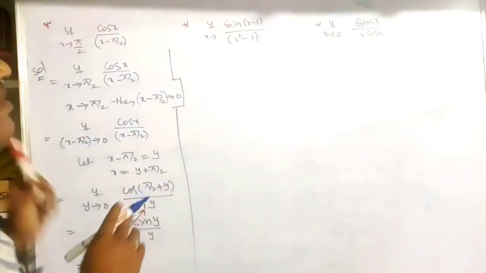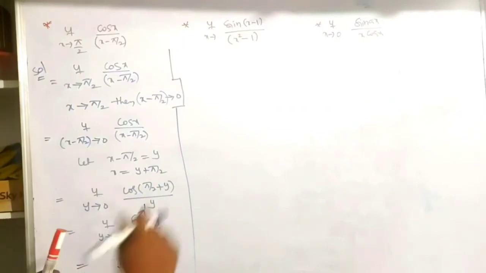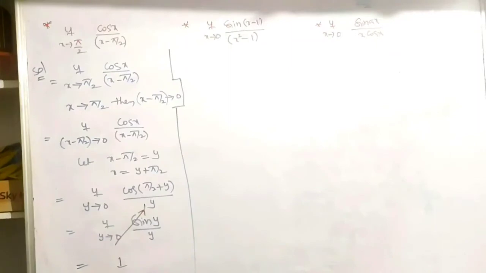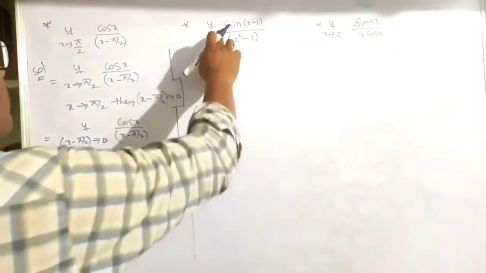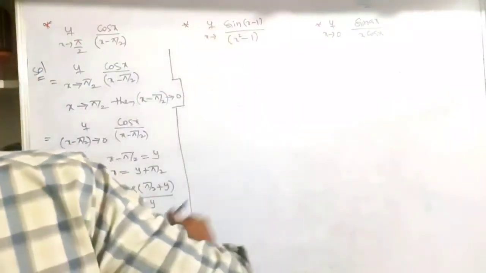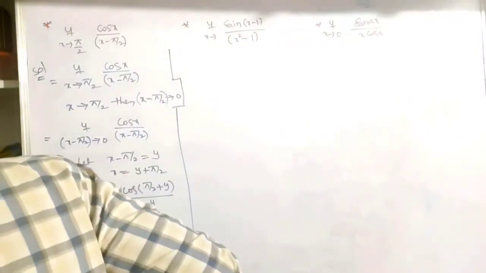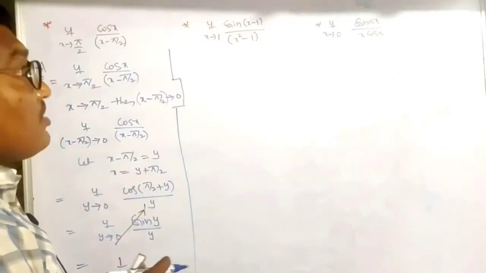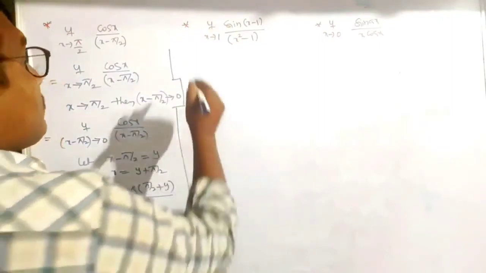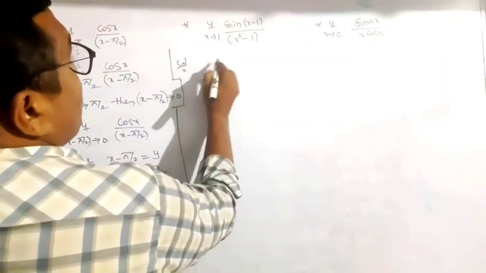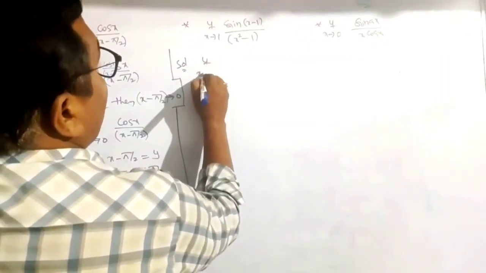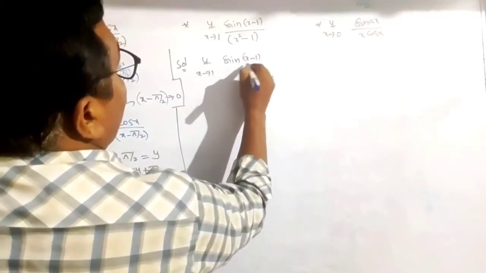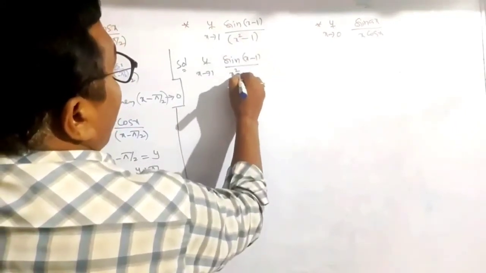Now we go for the next problem. Start here. Limit x tending to 1 of sin x minus 1 by x square minus 1. We have x tending to 1 only, so a different solution like this. So limit x tending to 1 of sin of x minus 1 by x square minus 1.